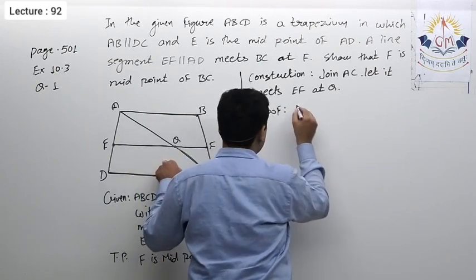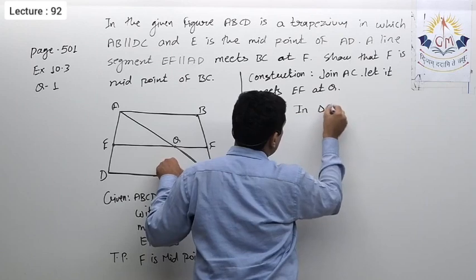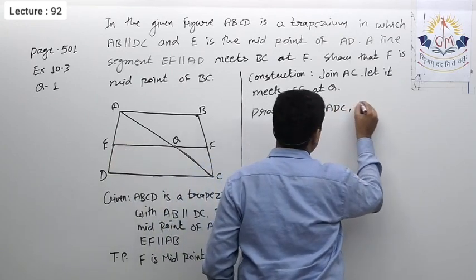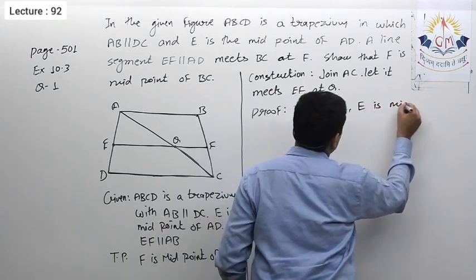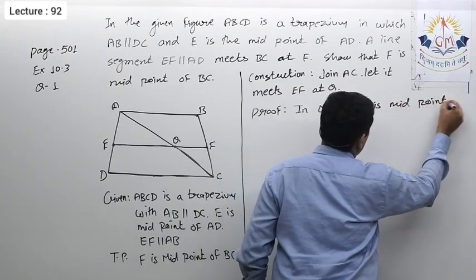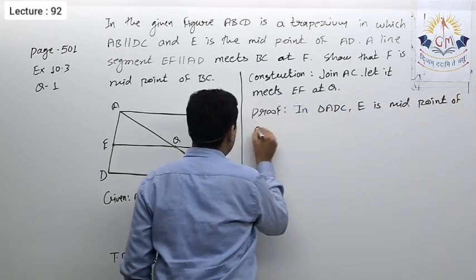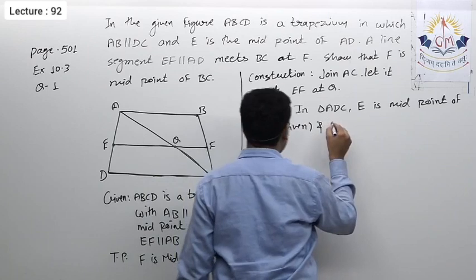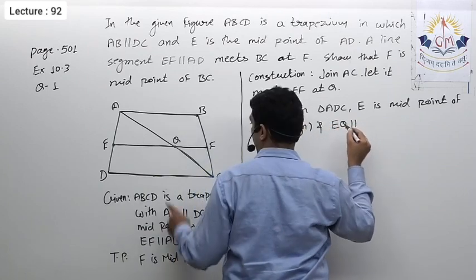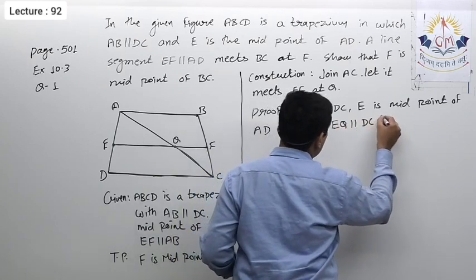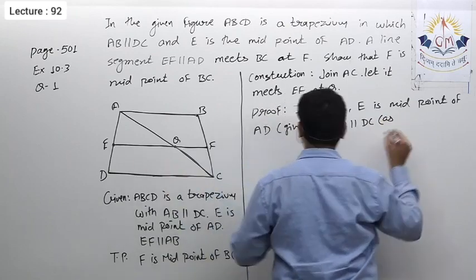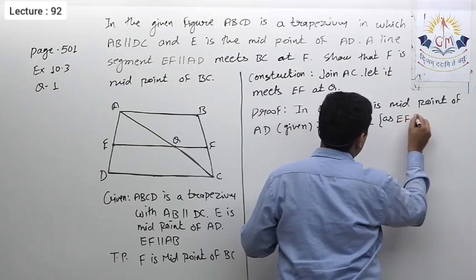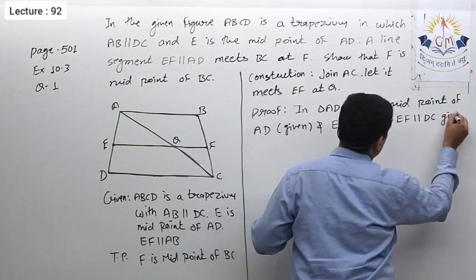In triangle ADC, E is midpoint of AD, that is given, and EQ parallel DC, reason as EF parallel DC, given.